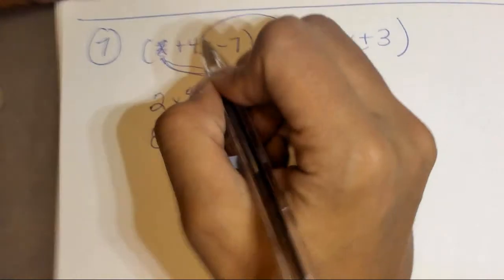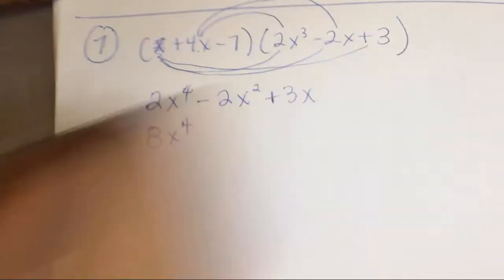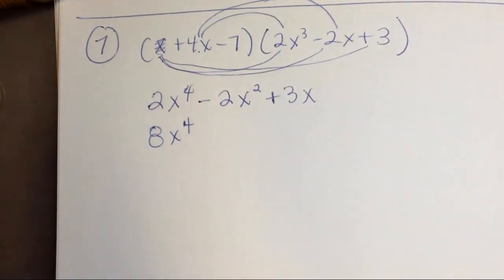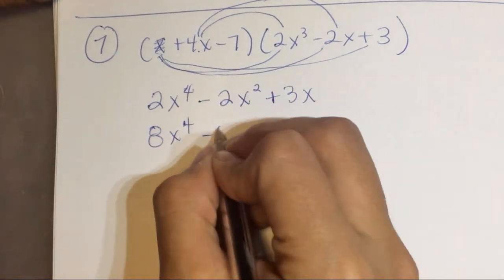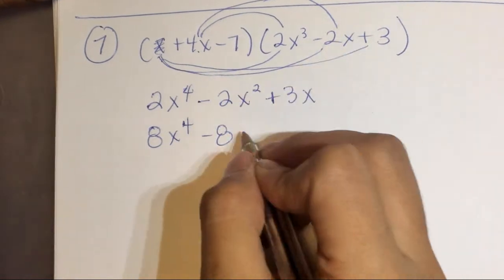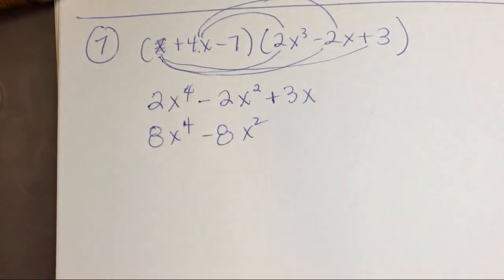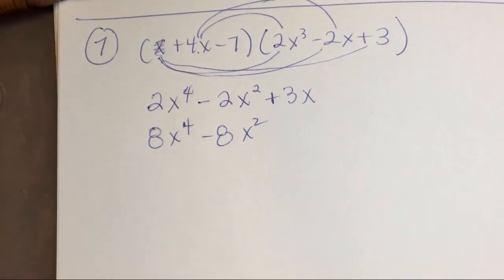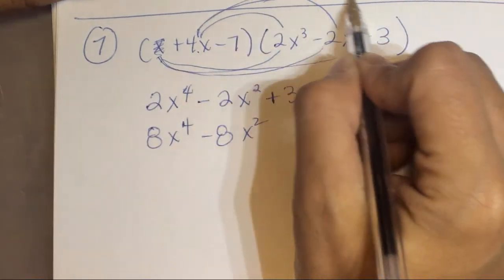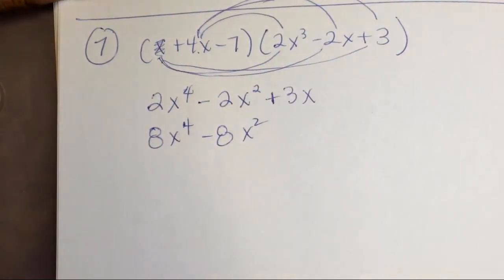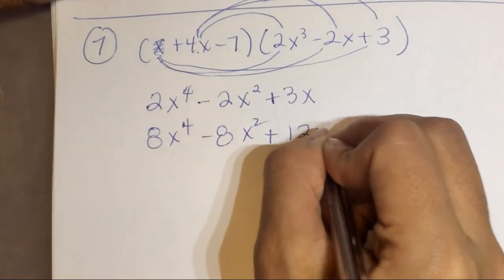Alright, now I have 4x times negative 2x. So 4 times negative 2 is negative 8, and x times x is x squared. Alright, so now I need to multiply the 4x times the 3. So 4x times 3 is 12, so I have 12x.